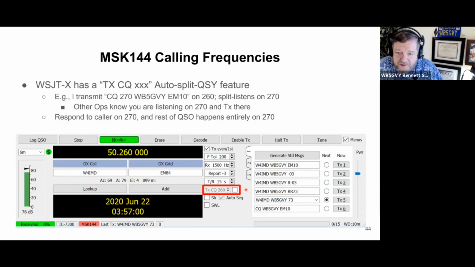It starts off transmitting on 260, but it split listens on 270. And if someone responds to you on 270, the software automatically switches the QSO over to 270. So even though you were calling CQ, but you were in this special mode, the rest of the conversation, once someone replies to you, happens on the QSY frequency.